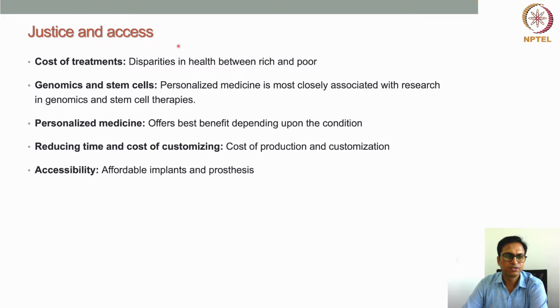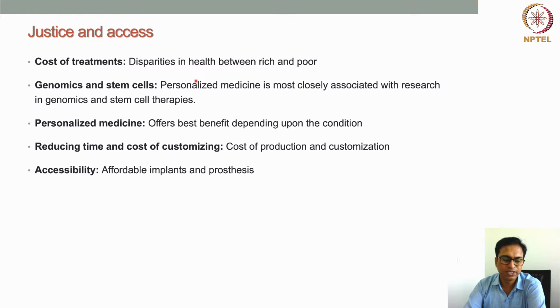The first is justice and access. With all technologies, the most important thing is to reduce the cost while we advance the treatment. Suppose the treatment option can be advanced further, but it should not be so high that it is out of reach for most people.